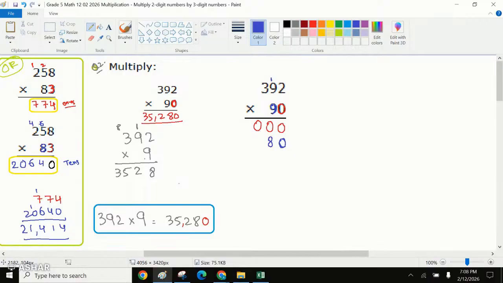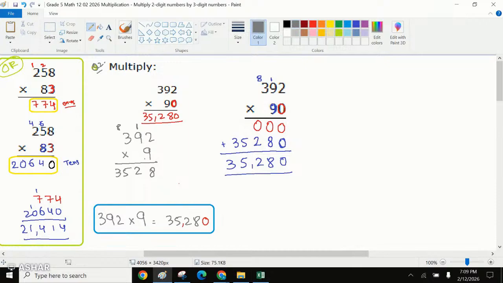We carry the 1. 9 multiplied by 9 is 81. 81 plus 1 is 82. We carry the 8. 9 times 3 is 27. 27 plus 8 is 35. When we add them together, 0, 8, 2, 5, and 3, we get the same answer, right?